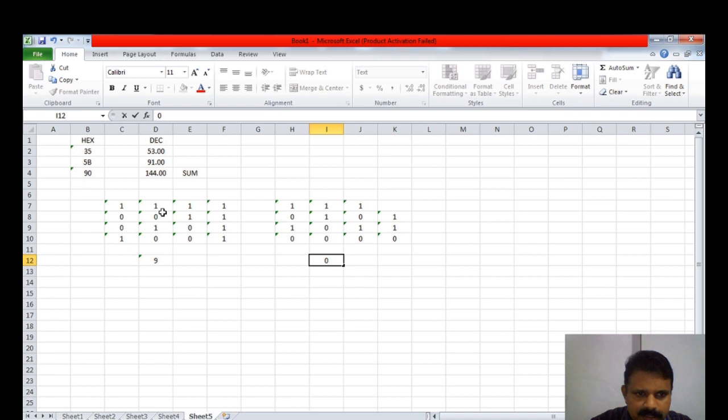So from D6 to D7 a carry flow occurred, and there is nothing going out of D7 to the carry flag. This happens and this is happening.